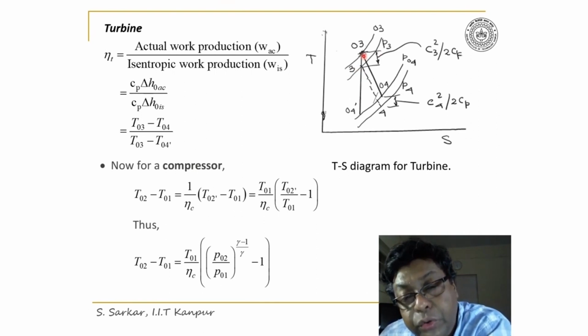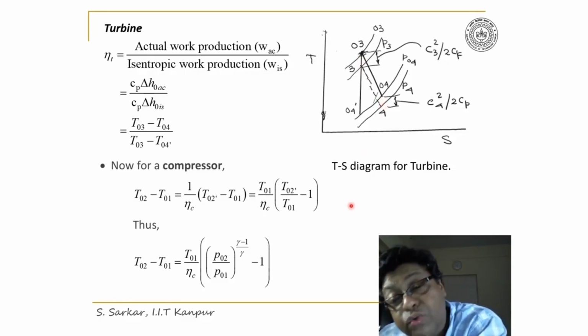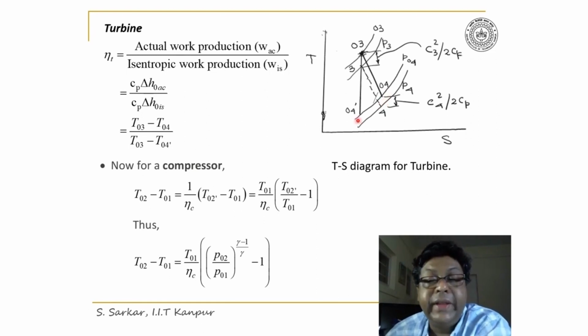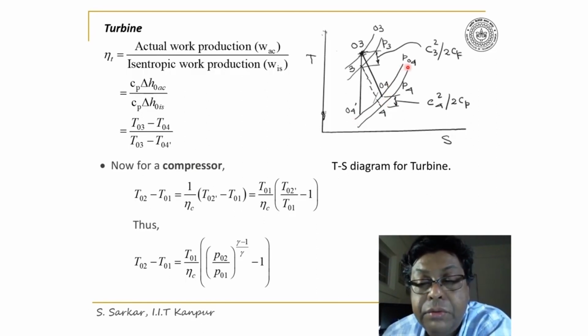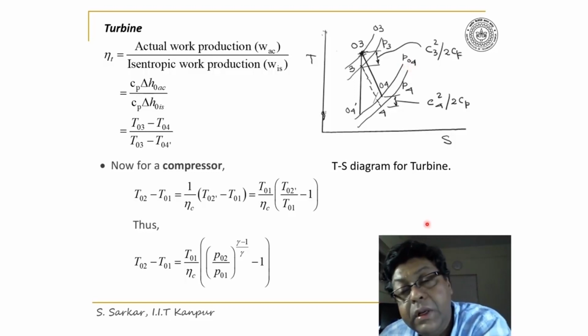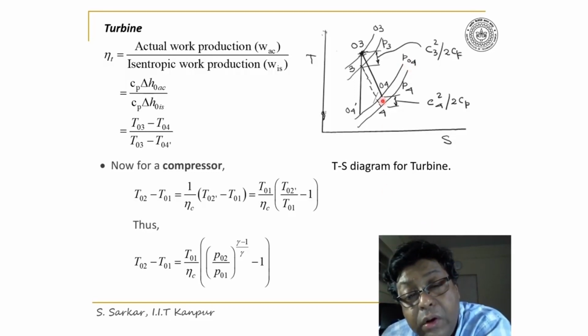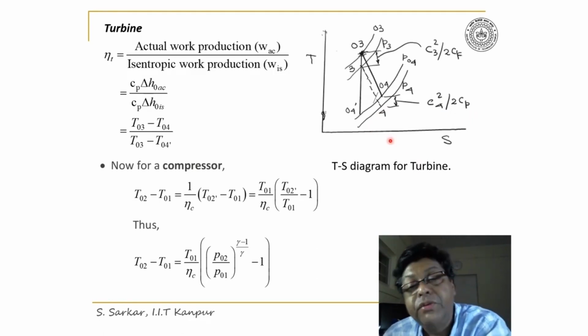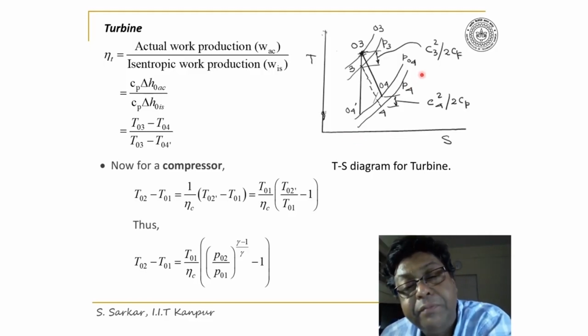Now from 03 through 3 to 04, this firm line here represents the actual expansion process. So I can identify the 04 point and thereby the pressure at exit 04. Now from 04, if I subtract C4 squared by twice Cp, I'll get the state point 4. So I can now identify P4.